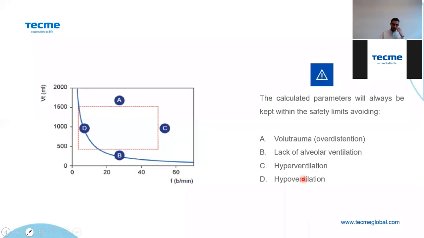So some general ideas about this ventilatory mode. Okay, it's called a smart mode and a closed loop ventilatory mode. Why? Because you are only introducing two variables, and those are the patient's ideal body weight, with which the ideal minute volume is calculated automatically, and then the percentage of this minute volume you want to deliver to the patient. It will depend, of course, on the patient, the pathology, and so on.